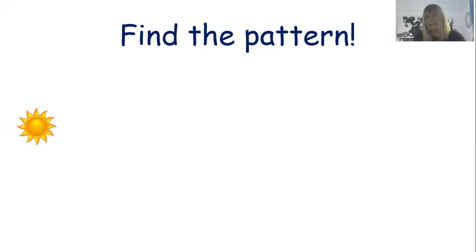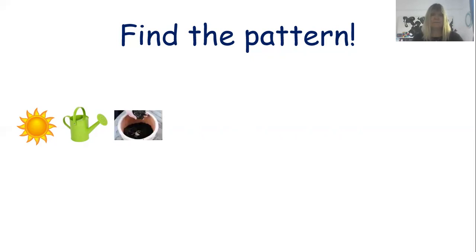Wonder what's going to come next. Could be another sun, could be a moon, could be a cloud full of rain. Oh, it's a watering can. So sun, watering can. Well, now I'm thinking sunshine and rain, or sunshine and water. Sunshine, watering can, soil in a pot.